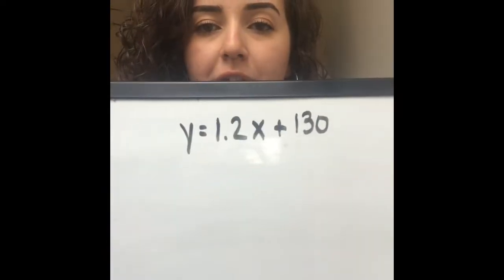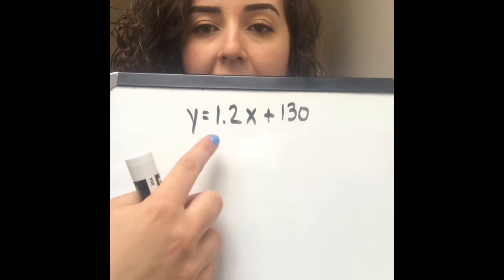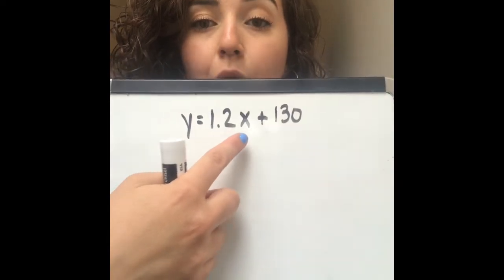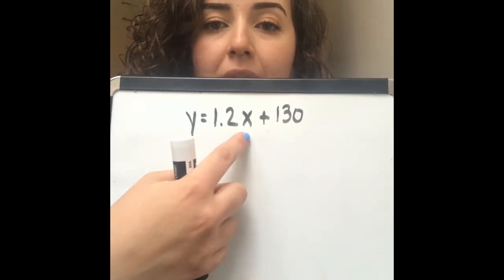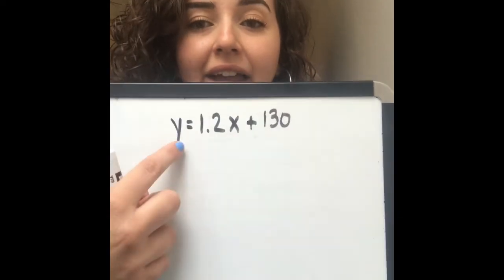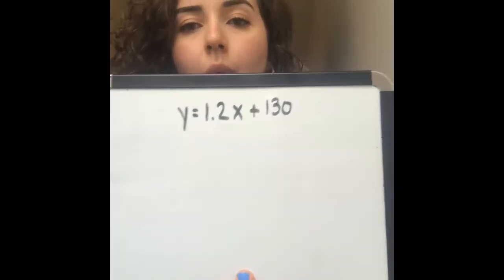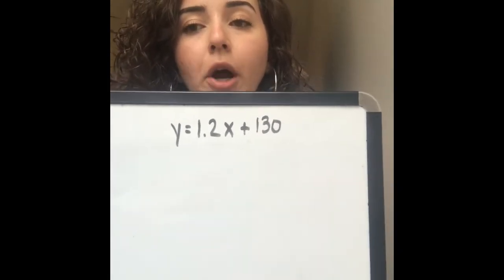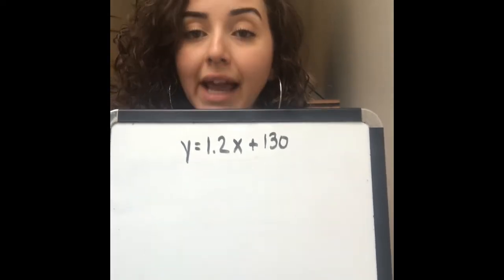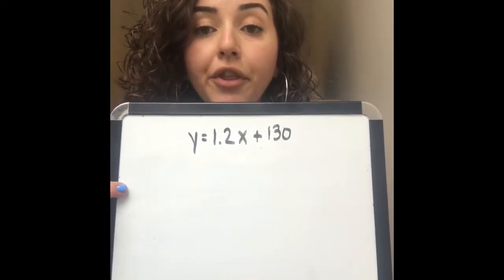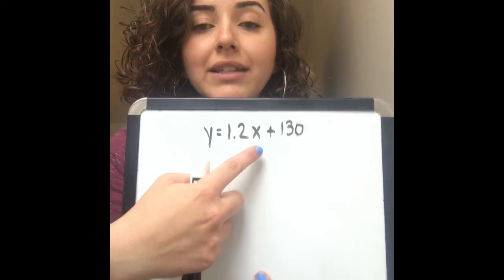Part B says, how much will Miss McKay weigh after 30 days of quarantine? If we look back at our equation, we know that I gain 1.2 pounds per day plus 130. So x must mean the days, and y must mean how much I will weigh at the end of it. For part B, I'm going to take the number 30 and plug it in for x.